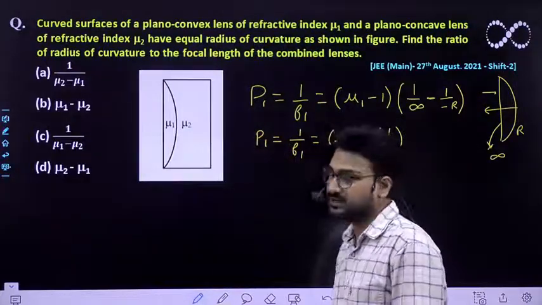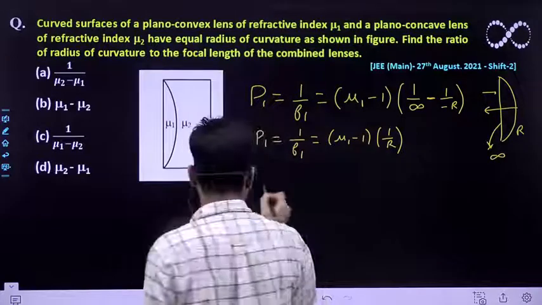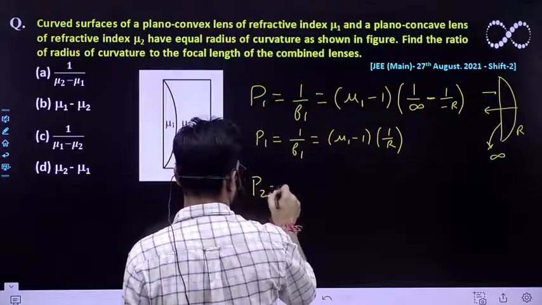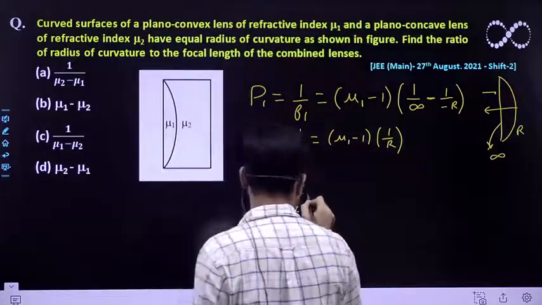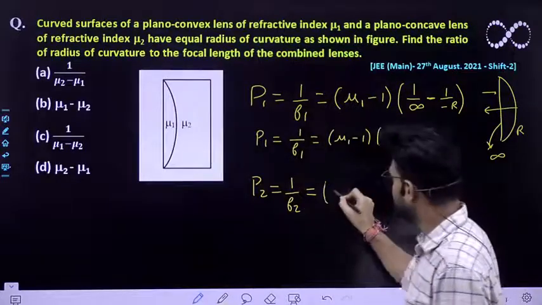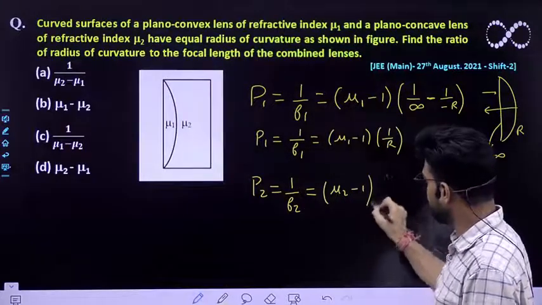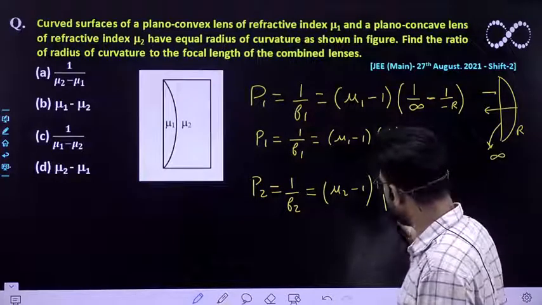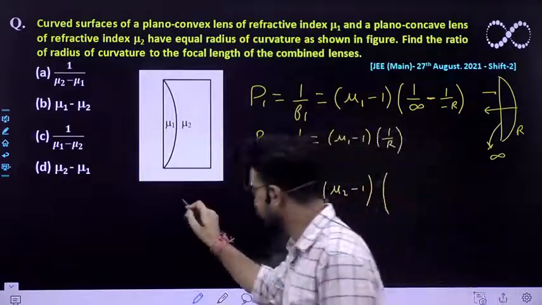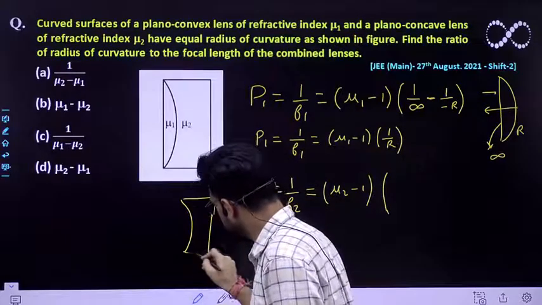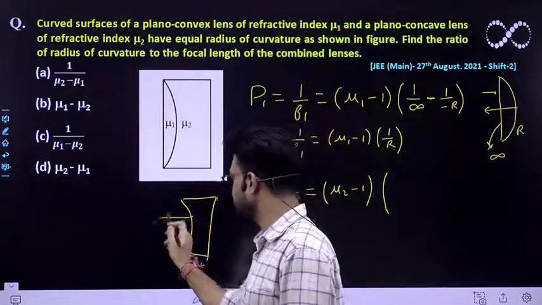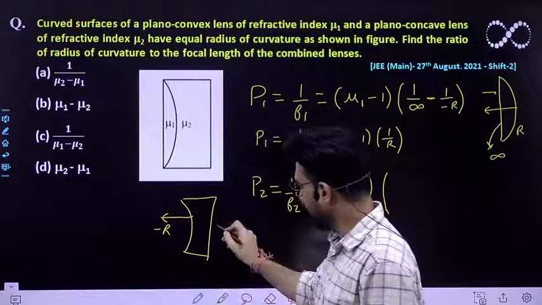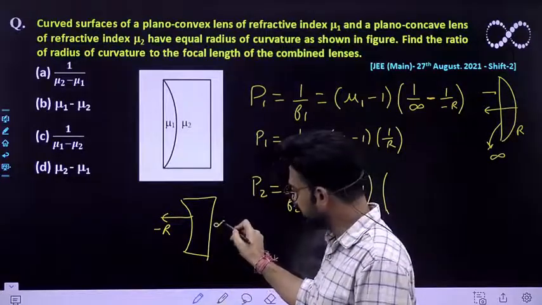And what about the second lens? For the second lens, the power, let it be p2, must be equal to 1 upon f2, which is equal to (mu2 minus 1) times (1 upon r1 minus 1 upon r2). The lens is just like this, and r1 is minus r, and r2 for this lens is infinite.